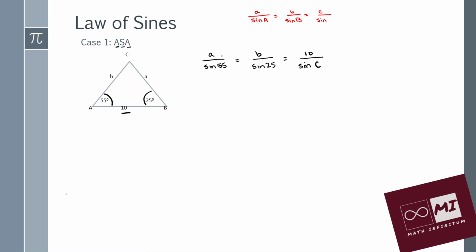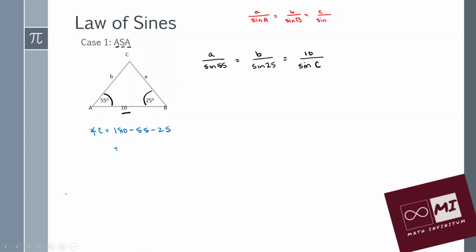Okay, so as we start, every ratio has an unknown. So we think we may be stuck. However, any triangle adds to 180 degrees, so I know angle C is 180 minus 55 minus 25. Right?